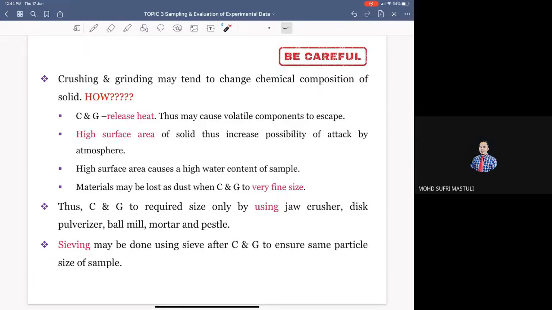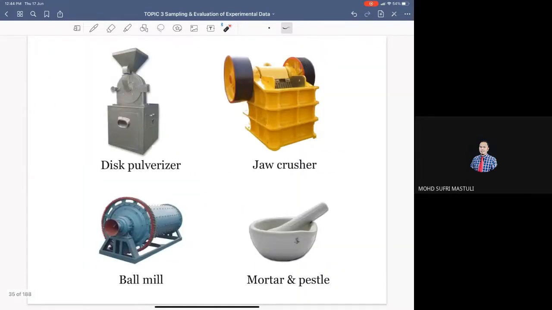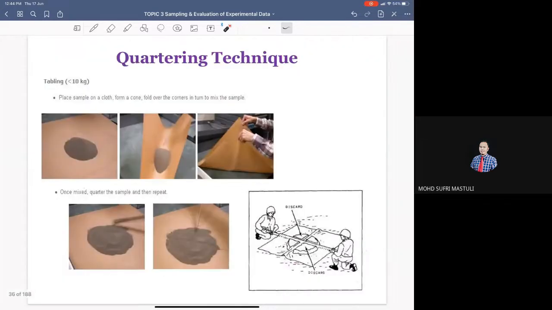After we crush and grind the gross sample, we have to sieve it in order to obtain the same particle size. This is the diagram showing the apparatus that we use during crushing and grinding: pulverizer, jaw crusher, ball milling, mortar and pestle.